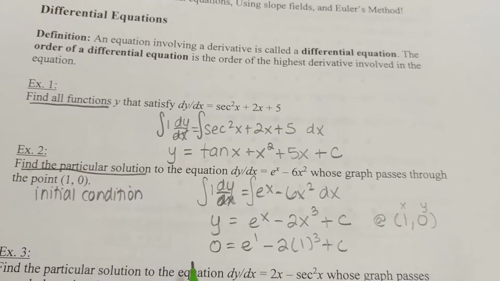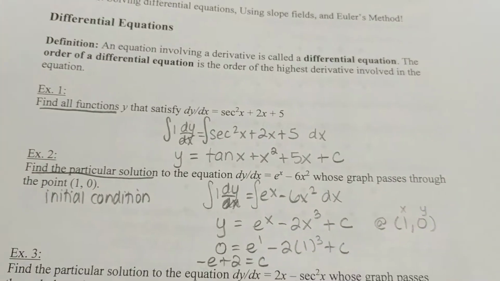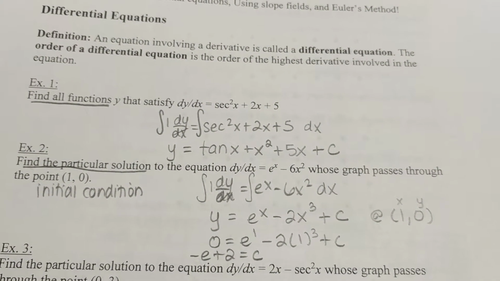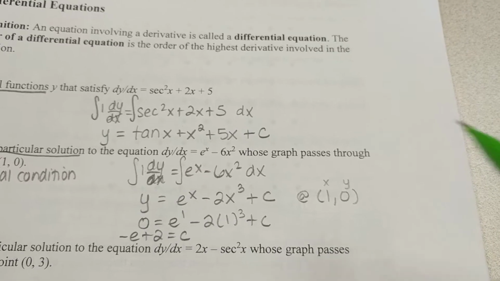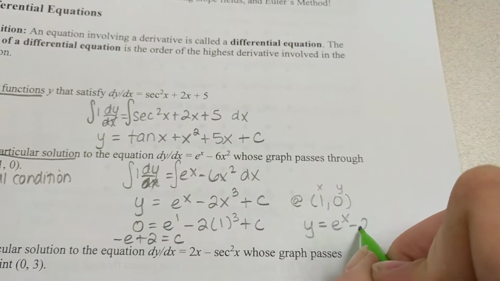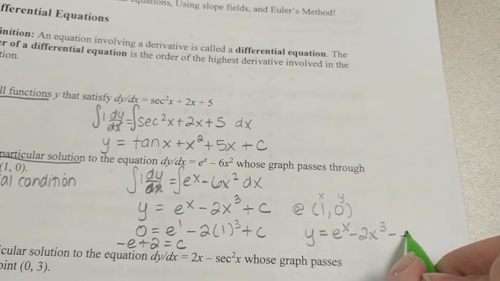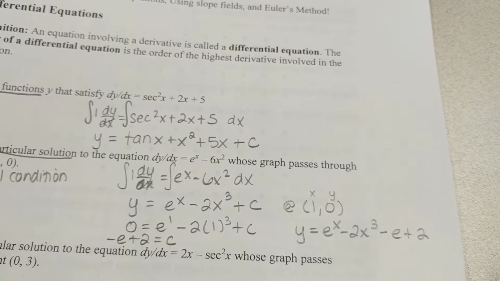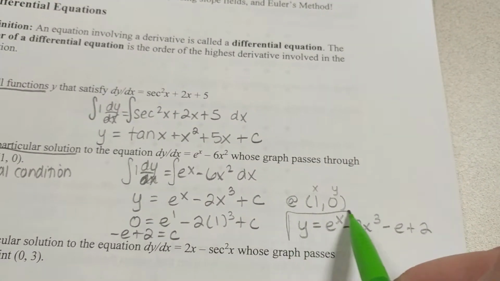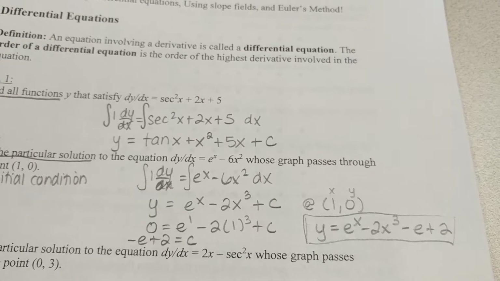So I'm going to move those over, so I get minus e plus 2 equals c. So my equation here ends up being y equals e to the x minus 2x cubed, and then my constant is minus e plus 2. There's my equation that goes through the point 1, 0.